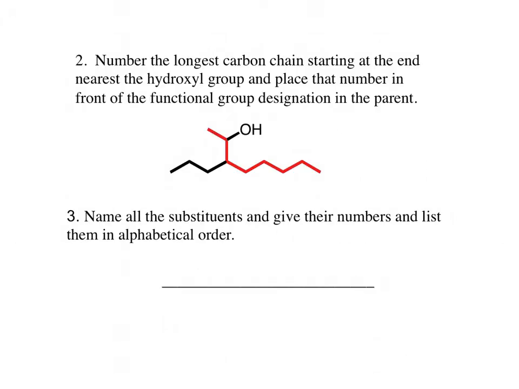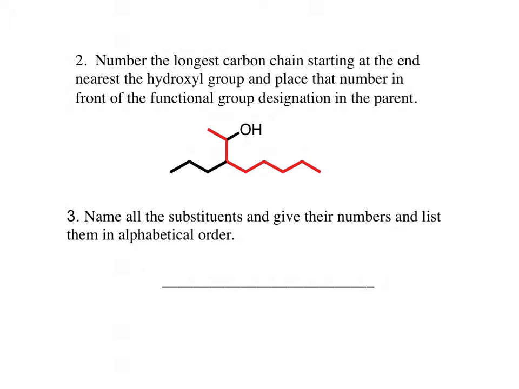Now, what we need to do, of course, you can see our longest chain there in red, is we're going to have to number it, because just saying octanol does not tell you where in that 8-carbon chain the OH is. So in order to number it, we're going to try to give the alcohol the smallest number. So we want to start at the end that the carbon bearing the OH has the smallest number.